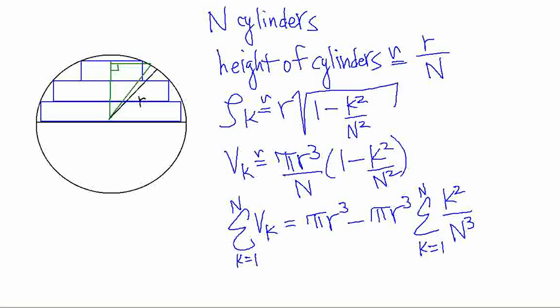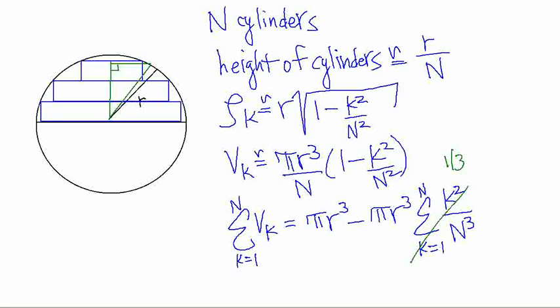Now, as n gets larger and larger, imagine taking n to be 100 or 1,000 or even 1,000,000, this sum will get closer and closer to the volume of half of the sphere. Furthermore, the sum on the right, of k squared over n cubed, will get closer and closer to 1/3.